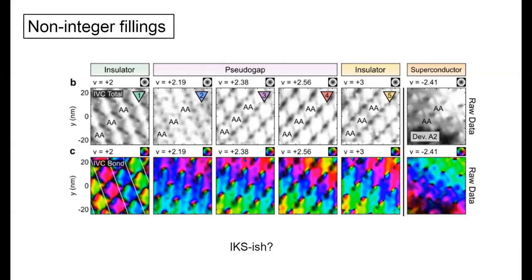So in the experimental paper, they were sort of suggesting the finite doping is more like your phonon-induced state, right? Well, it sounds like you feel maybe it's more like IKS.